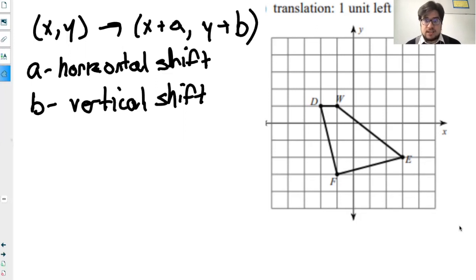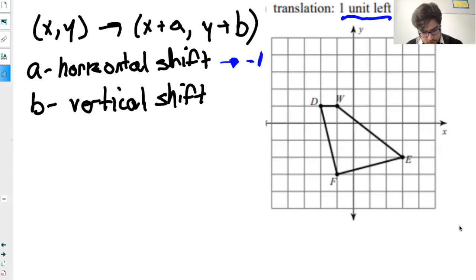In this case, they want us to go 1 unit to the left, which means, remember, if we go to the left, we are going to subtract from our values. So that's going in a negative direction. So the horizontal shift is -1.